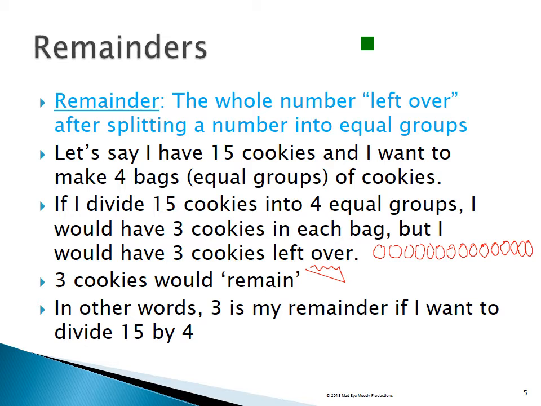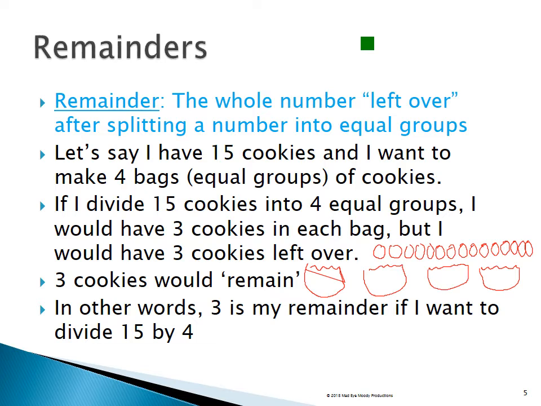There's my second bag. There's my third bag. And there's my fourth bag. And just a reminder, this is in red, so you do want to write this down in your notes.